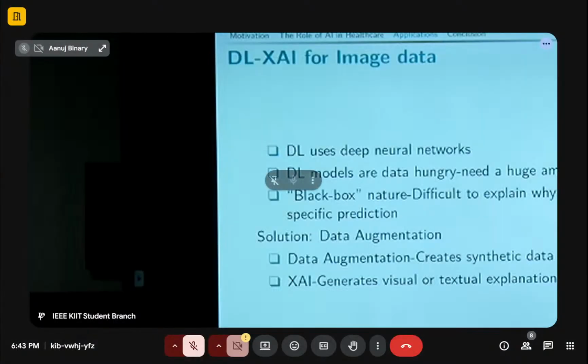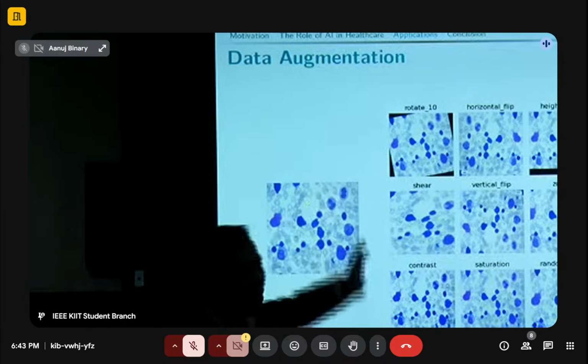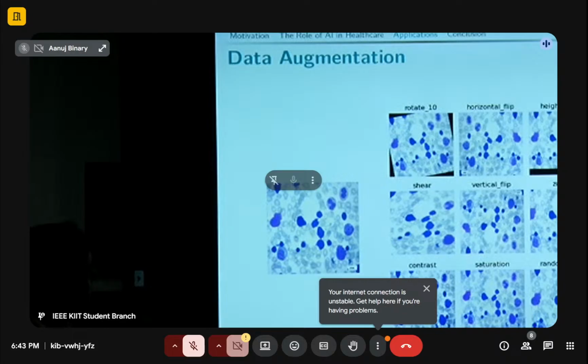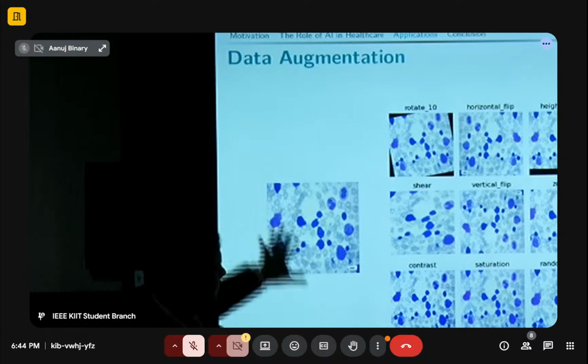Now, I have given an example of data augmentation which we have done for this leukemia disease prediction. You can see the techniques we are using. We are rotating by 10, then horizontal flip, height shift, width shift. This is the actual image.